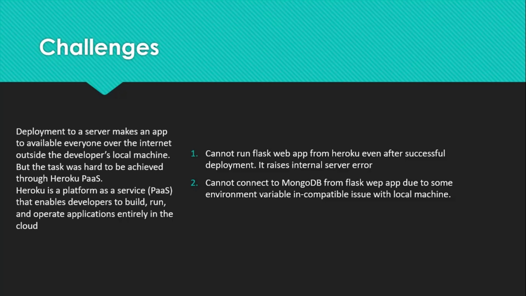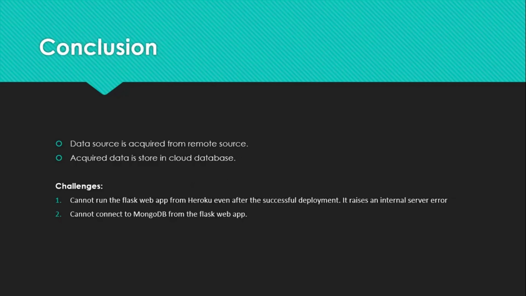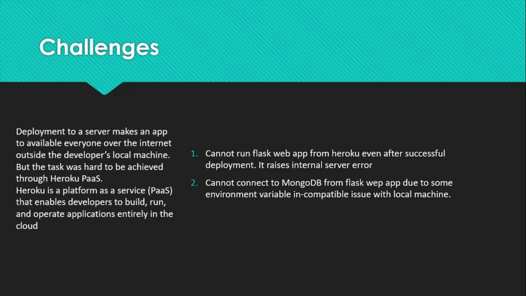The second was connecting the MongoDB database with the Flask web app, but it was not operating on our local machine because of environment variable issues and some new updates. When we deploy the application outside the developer's local machine, it should be available for everyone.